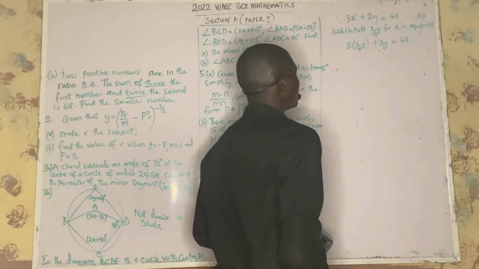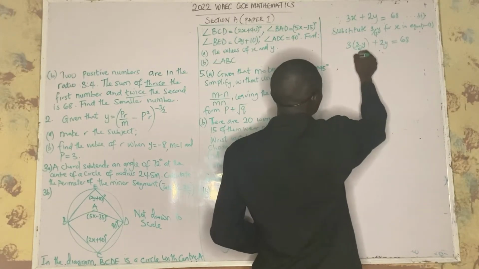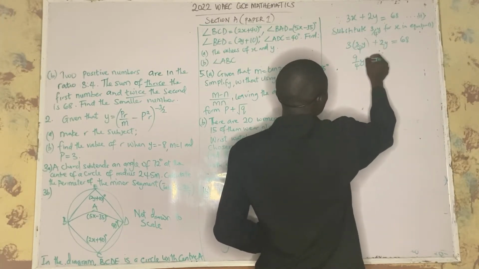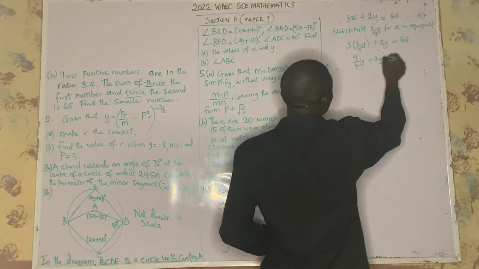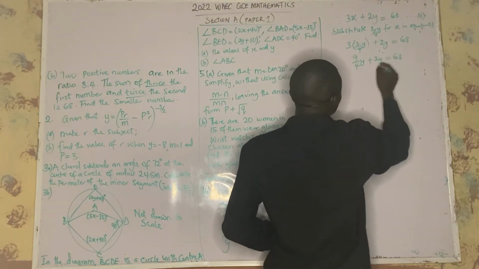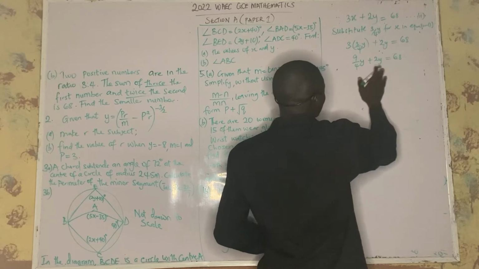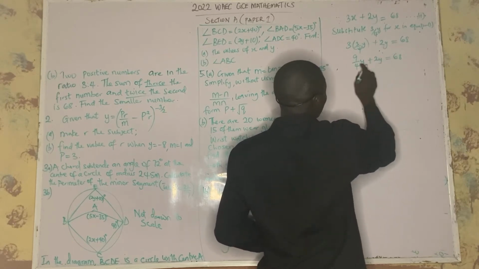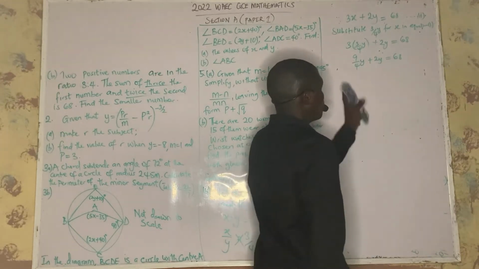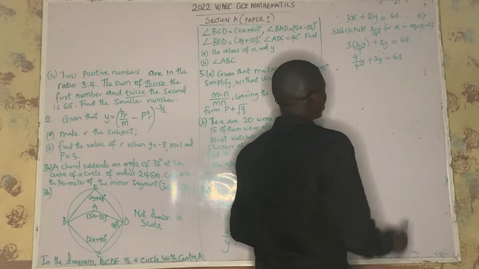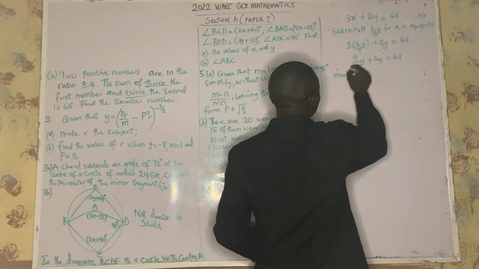So that's the first thing. This becomes 9/4y plus 2y equal to 68. To make things easier, multiply through by 4 to eliminate the fraction.